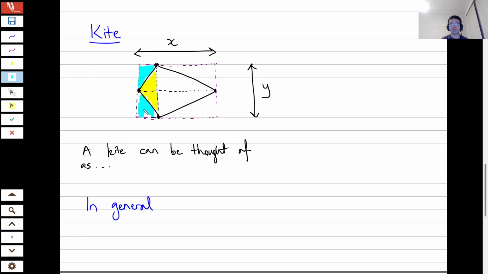These two are the same. And by similar arguments, these two yellow triangles are the same as these two blue triangles. In other words, a kite can be thought of as half a rectangle.